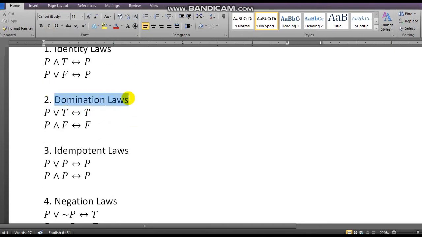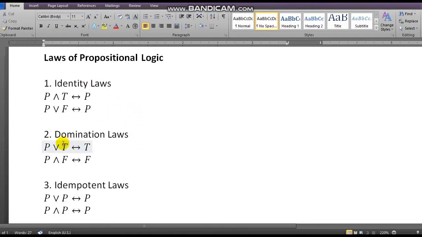The second one is the domination laws. For the domination laws, it immediately gives us the truth value of the statement, regardless of whether the proposition is true or false. Unlike the identity laws, it doesn't depend on whether the proposition is true or false. So P or true immediately becomes true, since true or true is true, and false or true is also true.